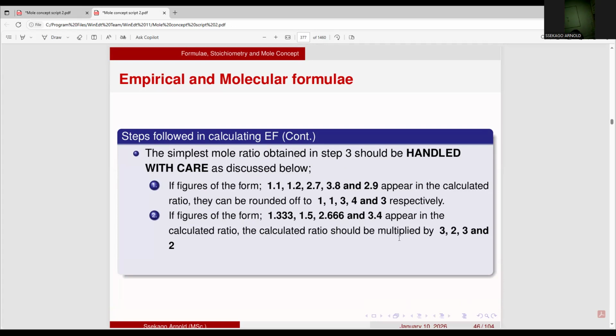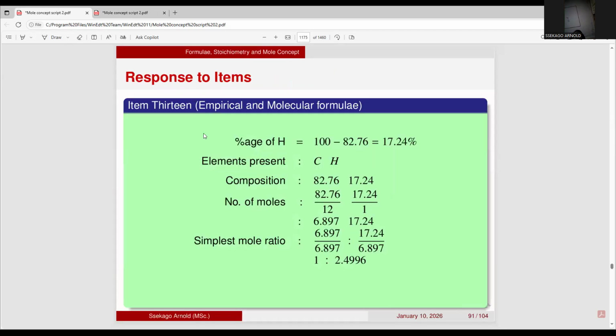If you have 0.33, multiply by 3. If you have 0.5, multiply by 2. If you have 0.666, multiply by 3. If you have 0.4, multiply by 2. You multiply throughout the ratio.